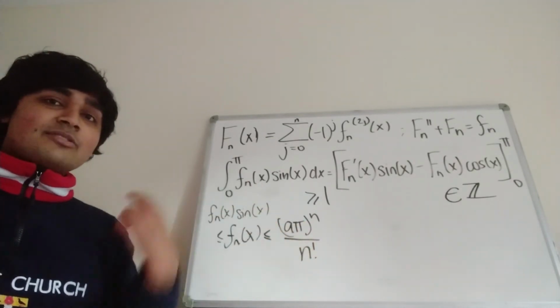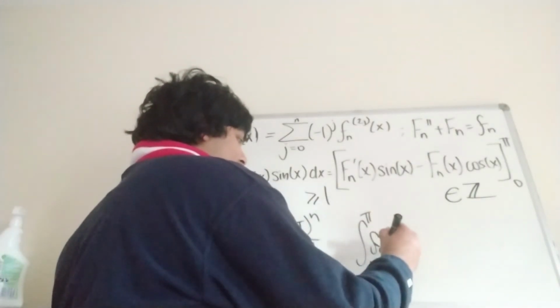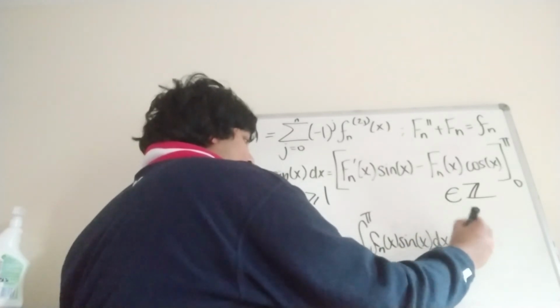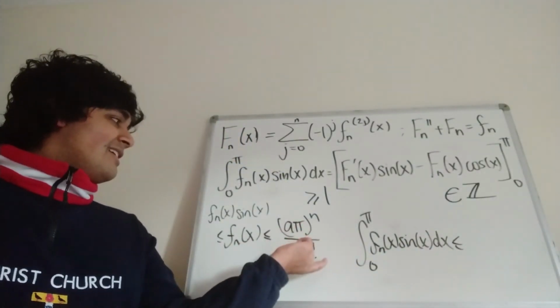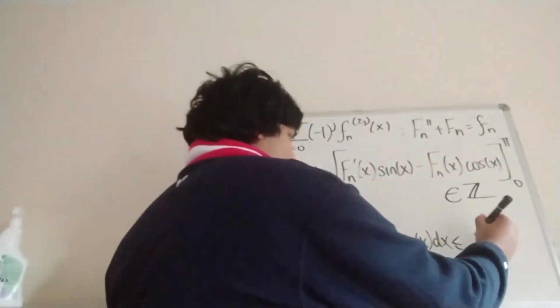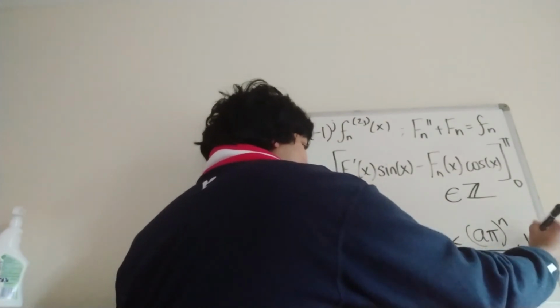So when we integrate both sides between 0 and pi, the integral from 0 to pi of fn of x sine of x dx is going to be less than or equal to the integral of this guy between 0 and pi. But of course this is just a constant function. So when we evaluate that out, that's just a pi to the n divided by n factorial times pi.